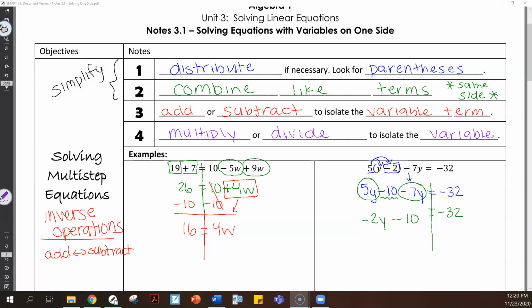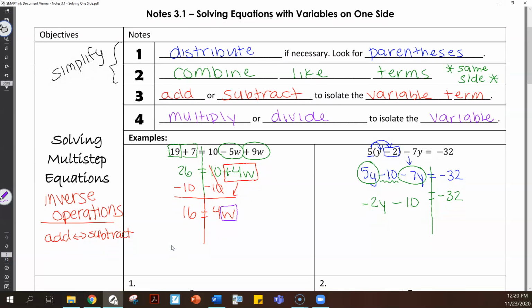I know my variable term is by itself. That's my third step. I already made sure that 4w was alone. So now that 4w is alone, I can work to just get w. Once my variable term is by itself, I can work to get the variable by itself.